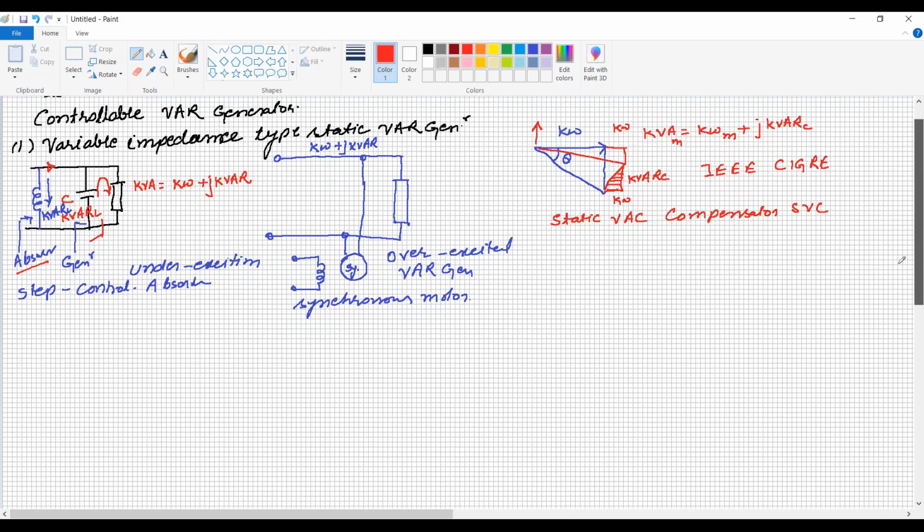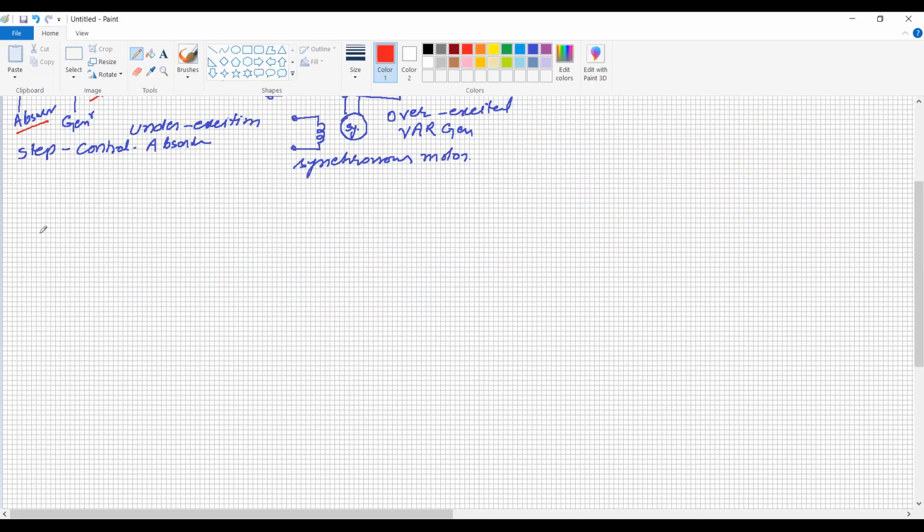There are different types of static VAR compensators.